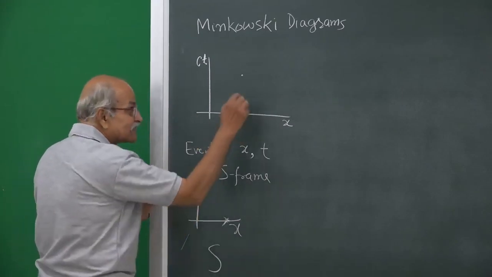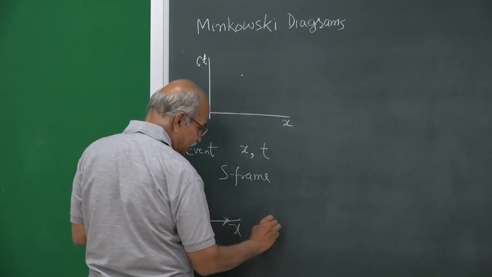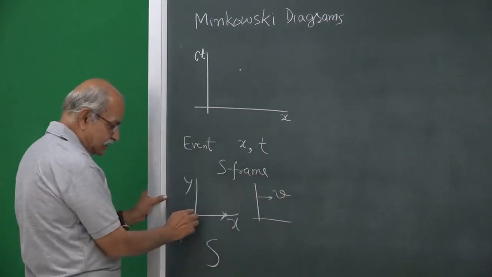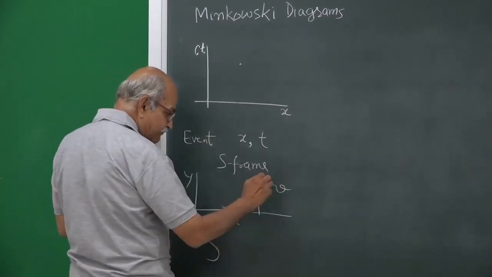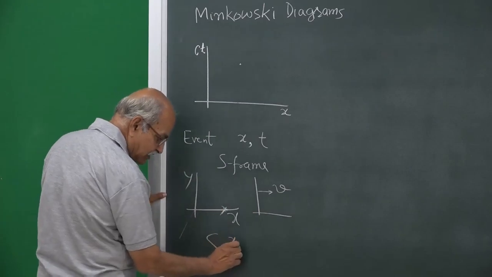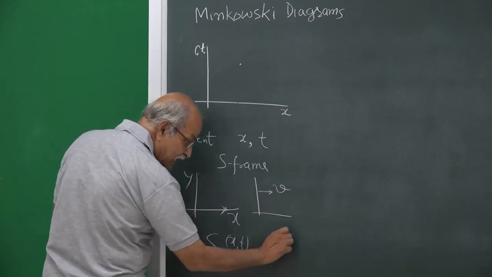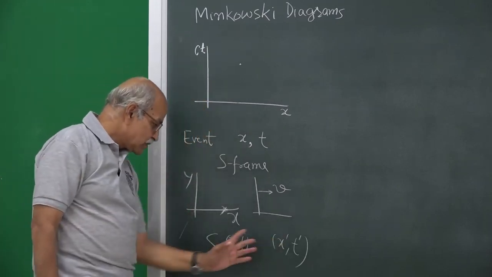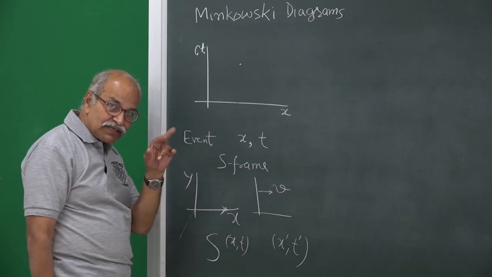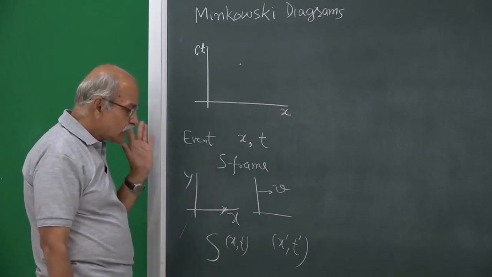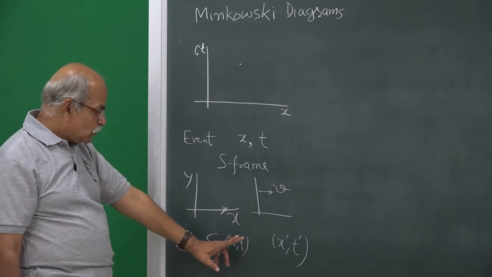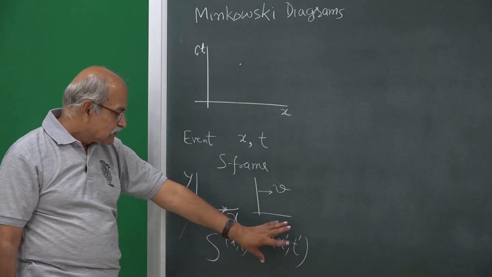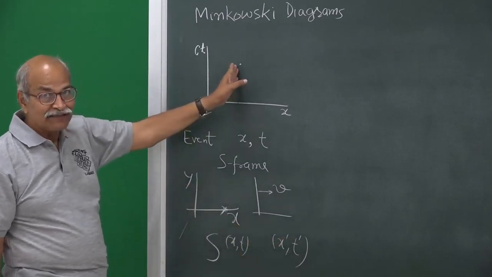So, this same event can also be seen from S prime frame, which is moving with velocity v as seen from this S frame, and from here if it is x, t, then here the same event has x prime, t prime, and these x prime, t prime are related to x and t through Lorentz transformation, Einstein's equations. If I try to show these x prime, t prime on this diagram, how to do that?